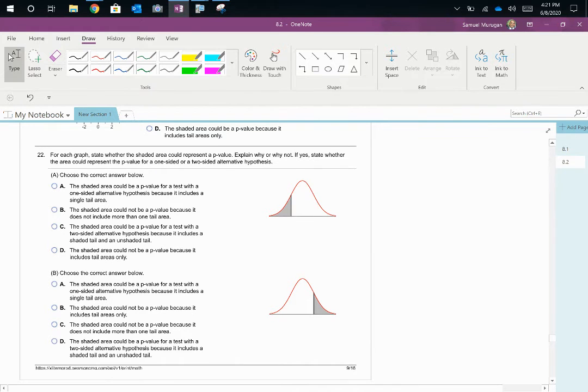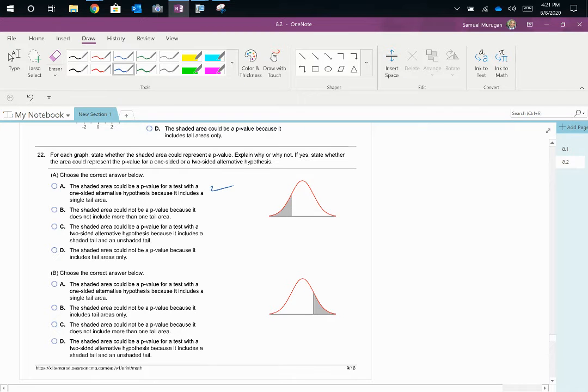Question 22. For each graph, state whether the shaded area could represent a p-value. Same type of question. So this is clearly a p-value that is left-tailed, one-sided, single-tail area. And this one is the same answer, but for right-tailed.